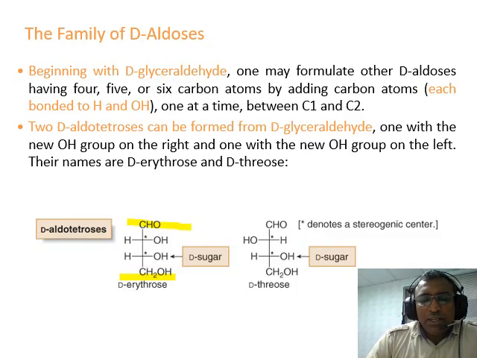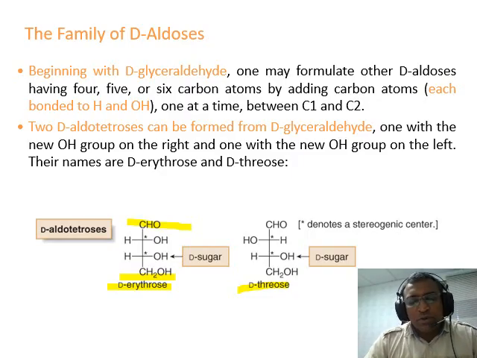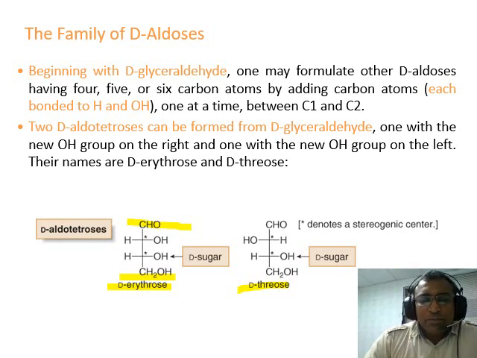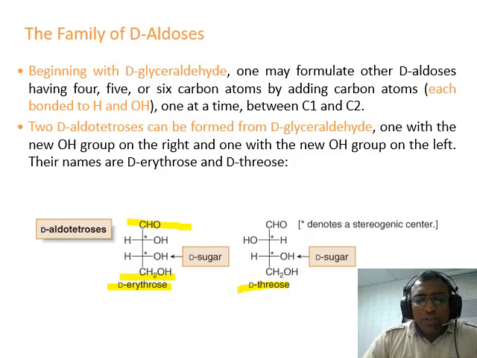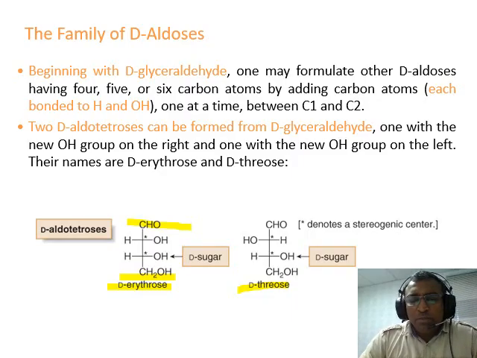That is D-erythrose, L-erythrose, D-threose, and L-threose. In the next slide, we'll see all these 4 stereoisomers or enantiomers. That's in terms of the aldotetrose.